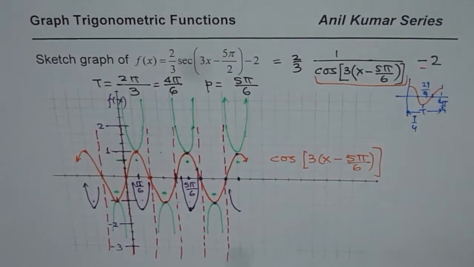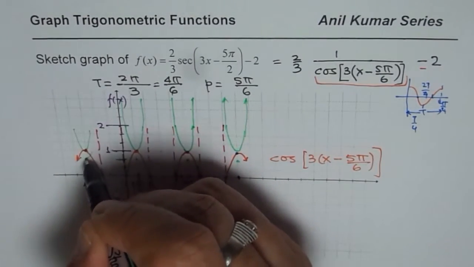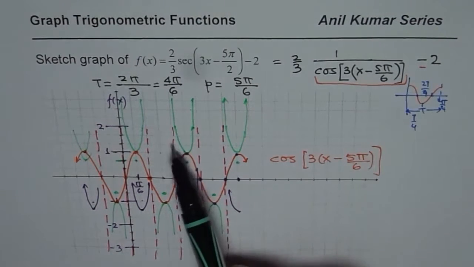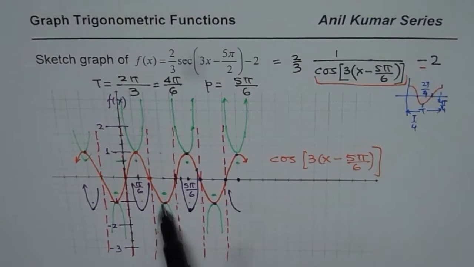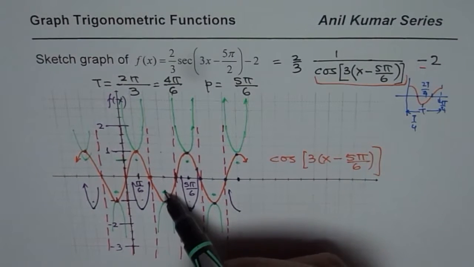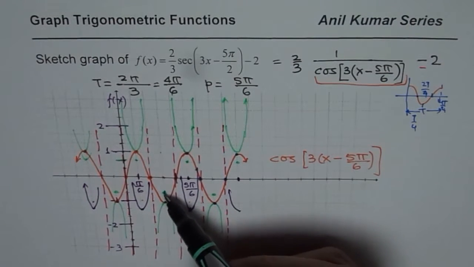Okay, so here we have the first part, then bringing it down, correct? So that is how we get 2/3 minus 2 for the upper half, and here 2/3 will be, instead of minus 1, it will be at minus 2 over 3, and then you bring it down by 2 units, right?